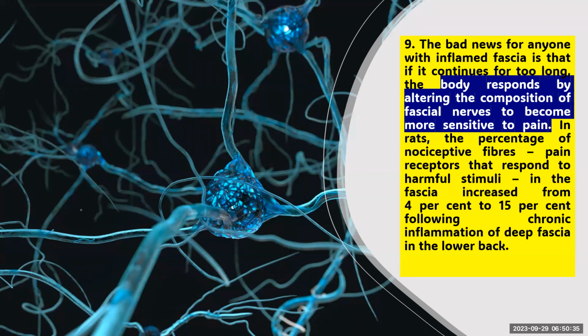So the body responds by altering the composition of nerves. How can we understand more sensitivity to pain? We know that nerves can't multiply, they can't proliferate. The number of nerves remains the same. But how do they increase their sensitivity, how can they detect more pain? We should understand this by this sentence.